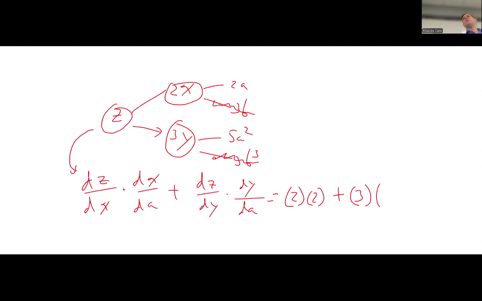Now, in the computational graph, you get a new set of values and perform the operation. So this becomes 4 plus, 3 times 10 is 30a. And that's the answer.